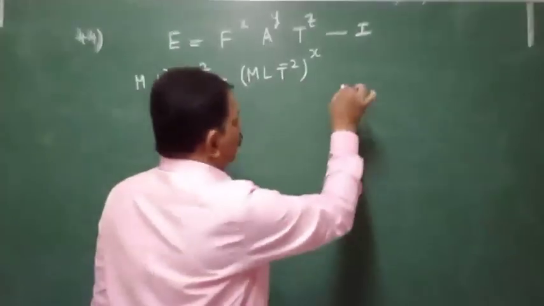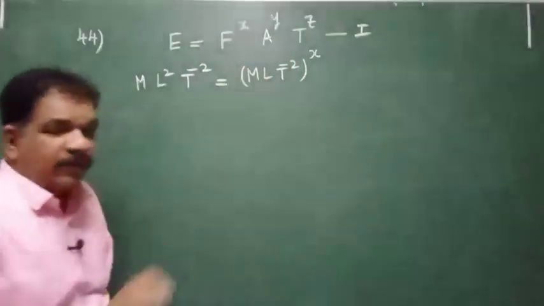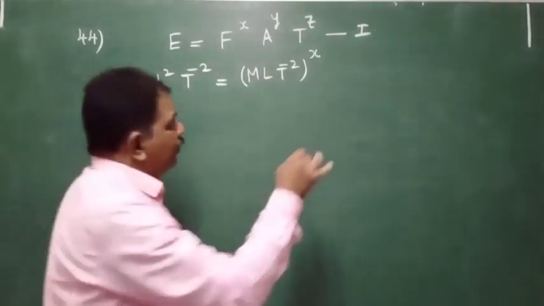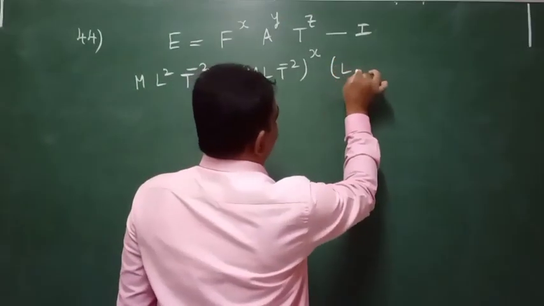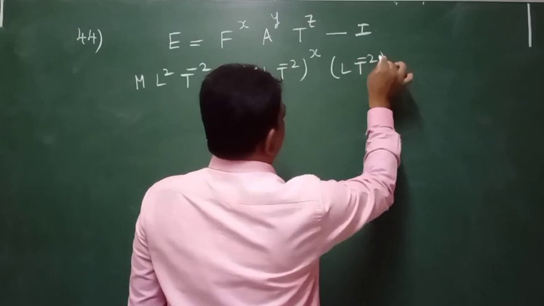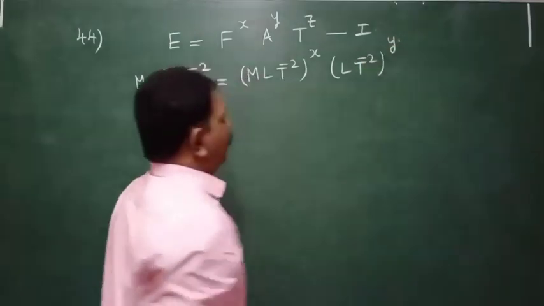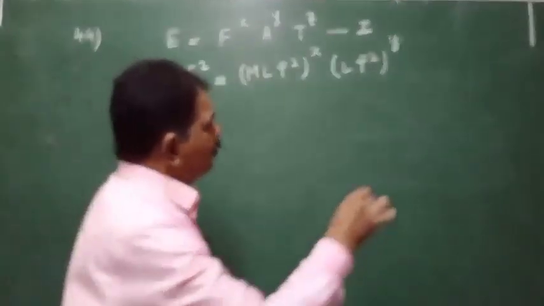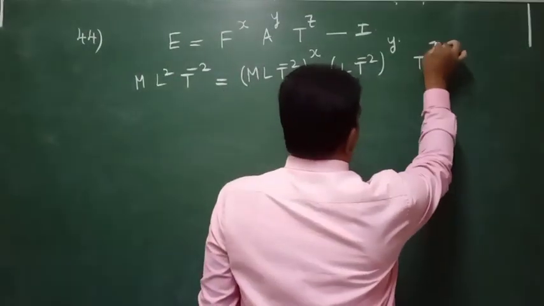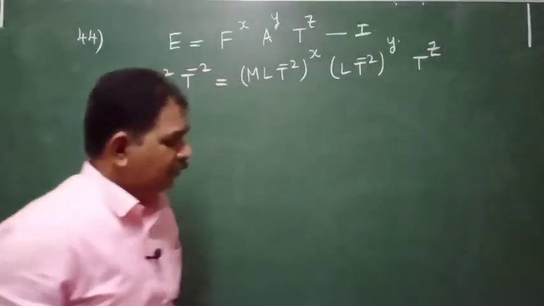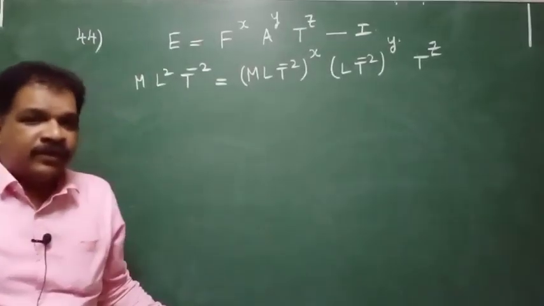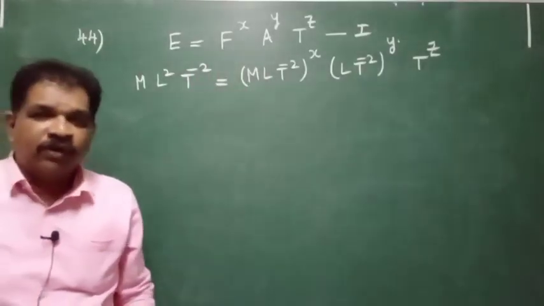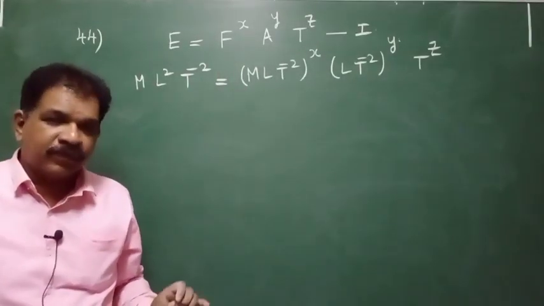Capital A they gave as acceleration. Acceleration dimensional formula L T power minus 2, power y. T they mentioned as time. Time dimensional formula is T only. So T power z.